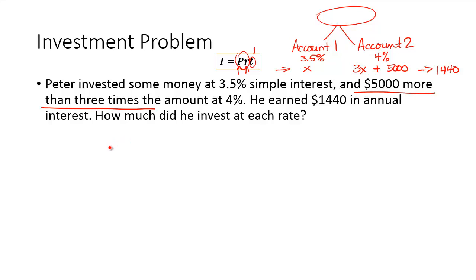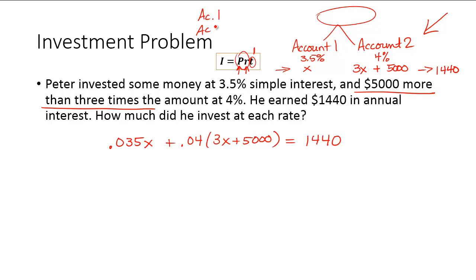So we know that if we take 3.5% written as a decimal, divided by 100 to get rid of the percent sign, times x plus 4% of the other amount that has been described to us, that should equal a total of this much interest. So here's another way. You could have written this as a table with account 1, account 2, and you could have had the percent times the amount is equal to the total.